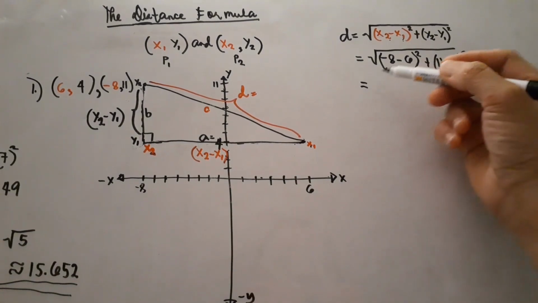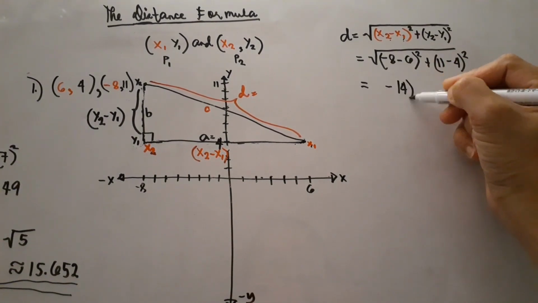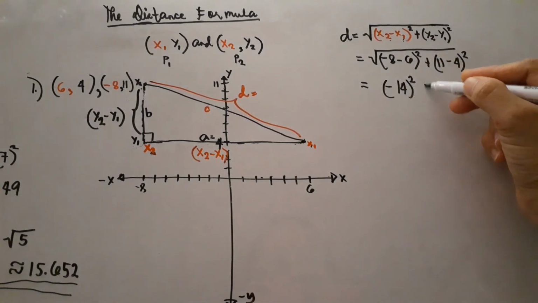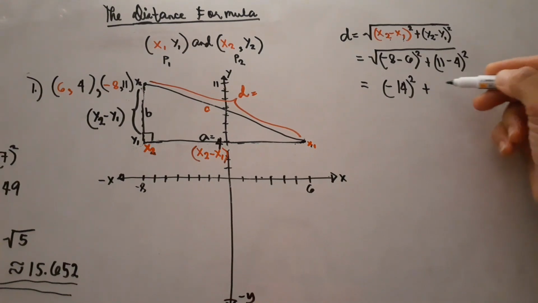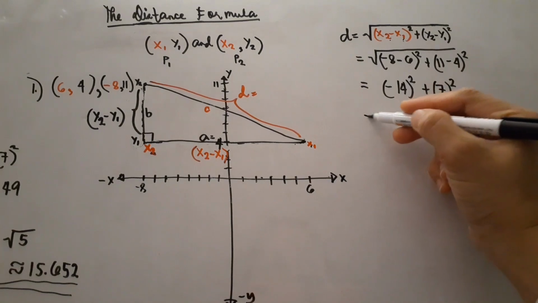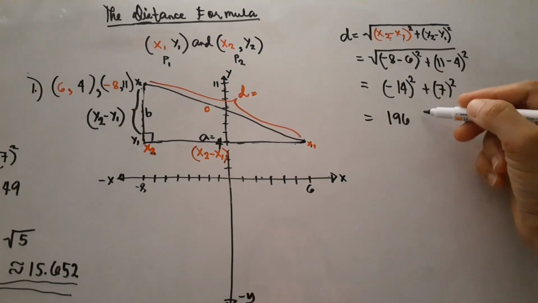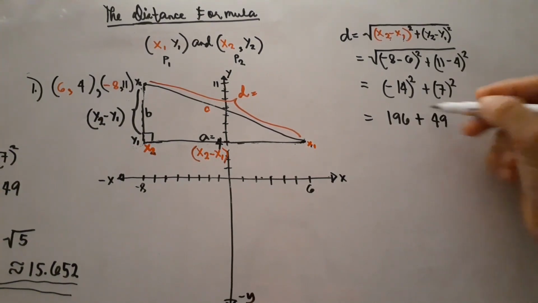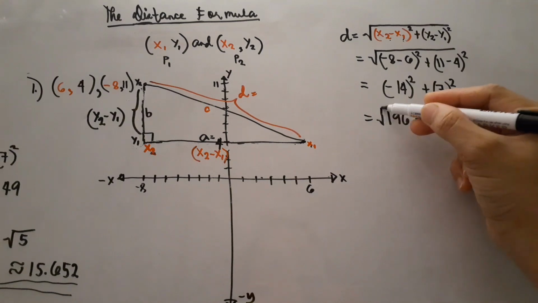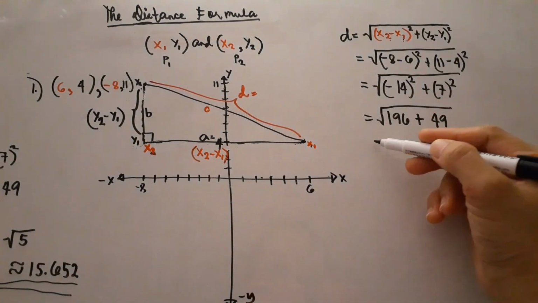Negative 8 minus 6 is negative 14, squared. Plus 11 minus 4 is 7 squared. So we total them. 14 times 14, remember, negative times negative is positive, so it is positive 196. And 7 squared is 49. Don't forget to put the square root.